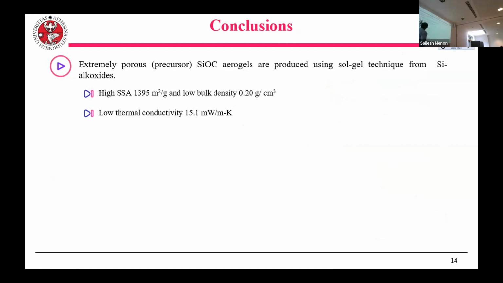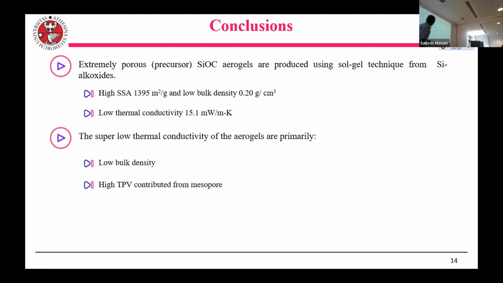Most importantly, we are able to have aerogel with a very low thermal conductivity, usually one of the smallest thermal conductivity values reported. The thermal conductivity is related to the bulk density and the total pore volume in the mesoporous range. And finally, we are able to synthesize a transparent aerogel using the argon-hydrogen atmosphere.